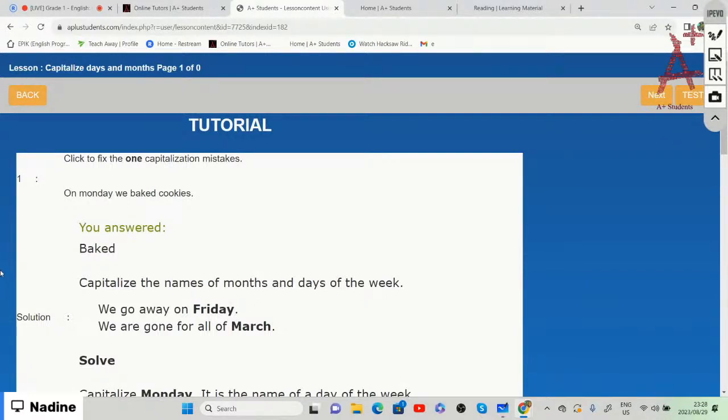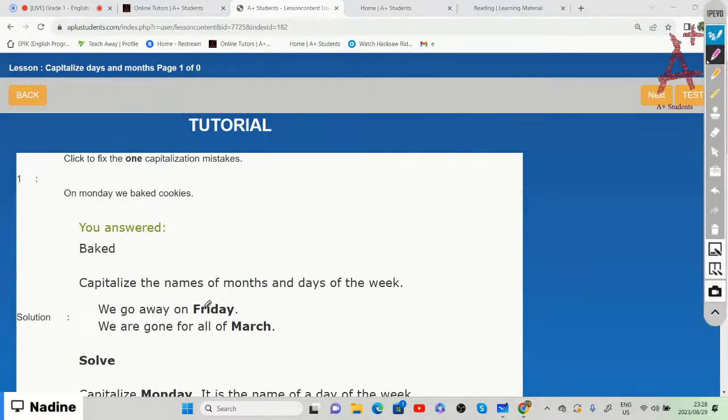Meaning that the first letter of that word is going to start with uppercase or capital letters, like we would say, for example, we go away on Friday. So we go away on Friday, right? And as you can see, the first letter of Friday is written with a capital letter. It is capitalized, right?